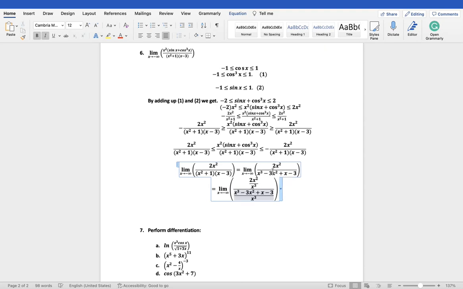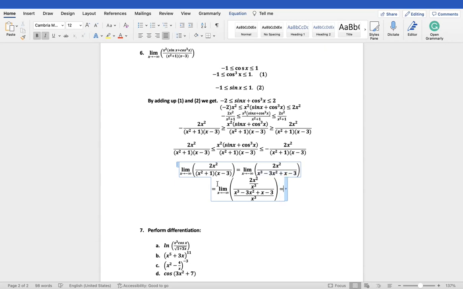You didn't have to expand this, but I just did it to show you which term in x was the highest degree. You could have easily seen that it's x cubed if you just looked at the x squared multiplied by the x here. That's the highest degree, so you have to divide by x cubed everywhere.